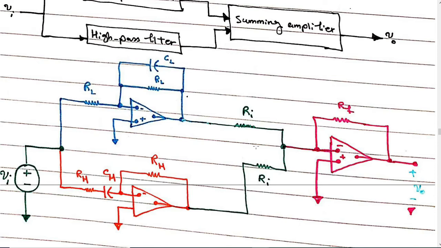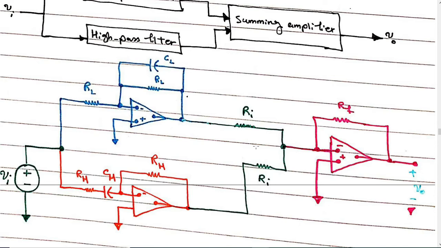You know how to get this equation, don't you? So this one is for the low pass filter. The transfer function means the relation between Vout L and VI is this. And how about the high pass filter we have over here? Vout H over VI is this.